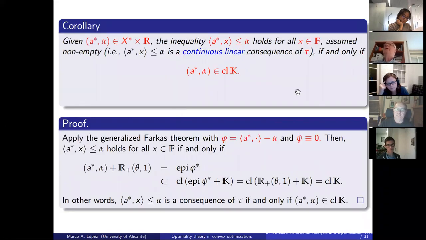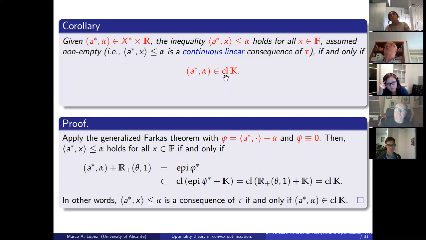Okay, let's move on to this corollary. Suppose that I'm dealing with my original problem P, the infinite dimensional one with infinitely many convex inequalities. I'm considering this continuous affine inequality, and I'm saying that this inequality holds for every x feasible for my problem.